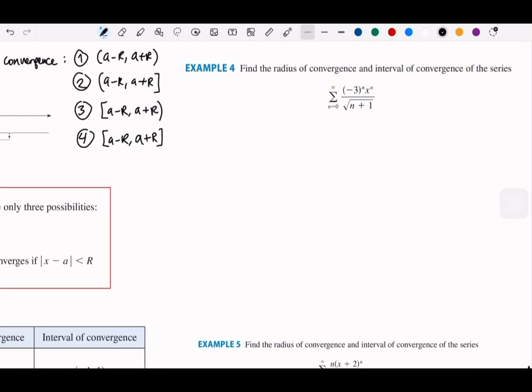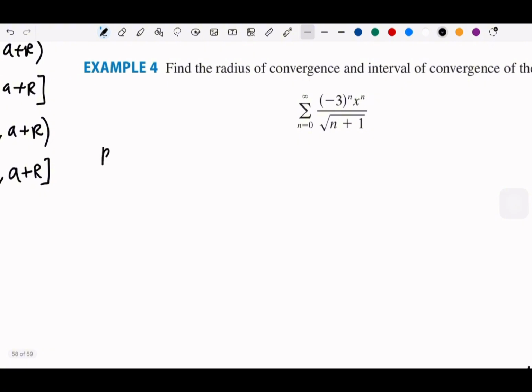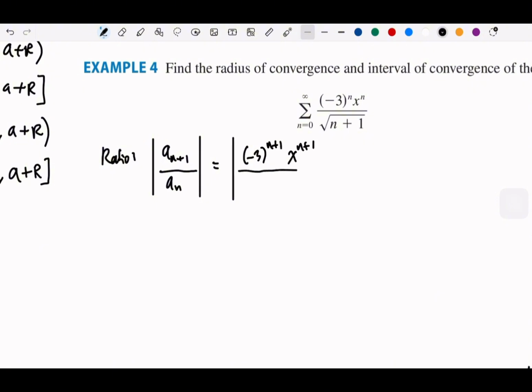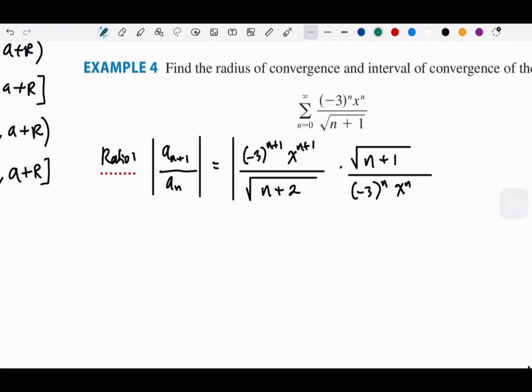So as usual, start with the ratio test. I think the x to the power of n we can cancel, cancel this, cancel that, so we only have x.